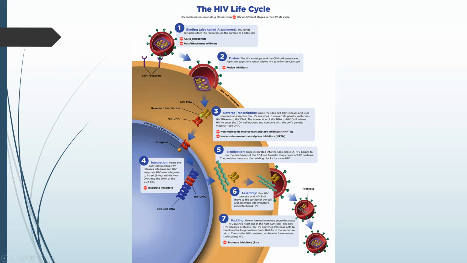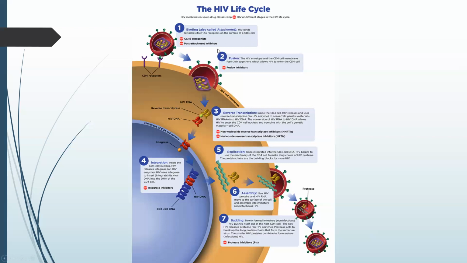But there are a few medications here. You can see there's CCR5 antagonists, post-attachment inhibitors. I am not going to make you memorize all of the medications under all of these categories. It is extensive, and I just don't think that makes any sense. But there are the broad categories, and there are a few medications that I put in red, just so that you have an understanding of the different kinds of medications.